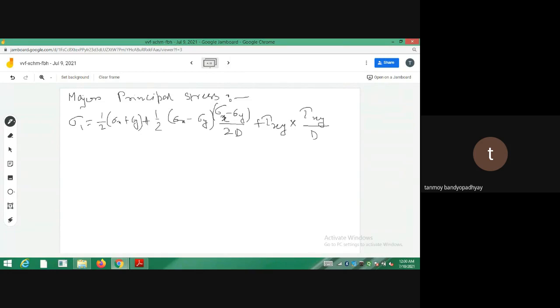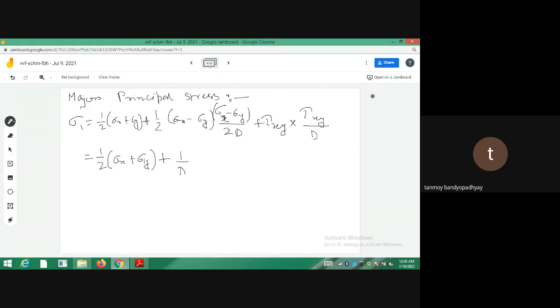So this is actually half of sigma x plus sigma y plus, see, I can take 2d common. What can I take common? I can take 1 by d common.